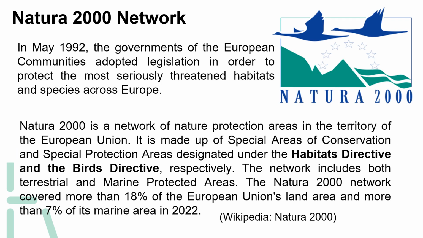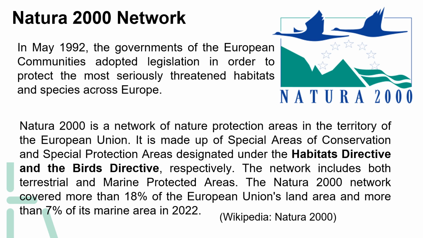Natura 2000 is a network in the European Union. In May 1992, the governments of the European communities adopted legislation in order to protect the most seriously threatened habitats and species across Europe. So Natura 2000 is a network of nature protection areas in the territory of the European Union.